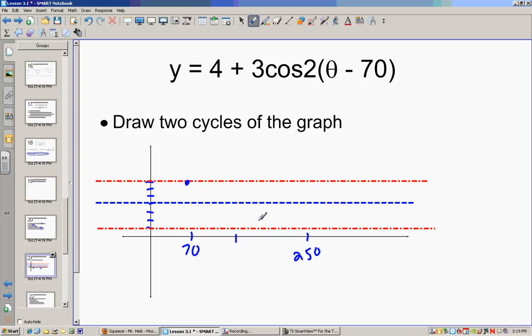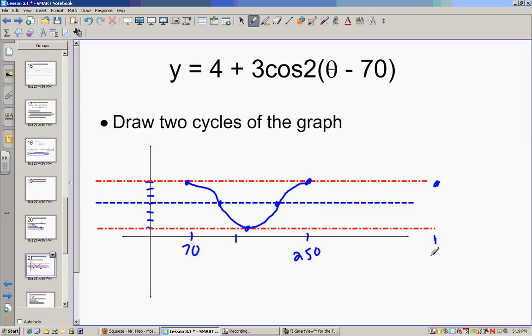Cosine starts at top. It's going to end on the top. In the middle, it's going to be at the bottom. And then in between there, it's going to be on the sinusoidal axis. So we're going to come through, come down, come back up. Now it says 2 cycles, so we need to add 180 to 250 to get 420.